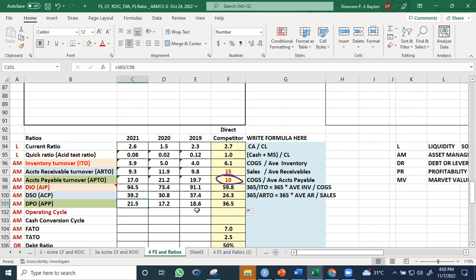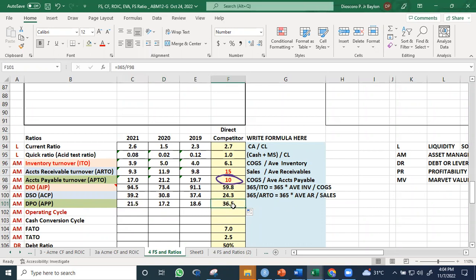Okay? So, in fact, nag-deteriorate. Hindi, nag-improve siya noong 2020. Kasi, guys, ang DPO, di ba ang APTO, the lower the better. So, pagdating sa DPO, the higher the better yan. Okay? So, yeah, nag-improve nga siya. 17 days, naging 21.5 days. Pero take a look at the benchmark.